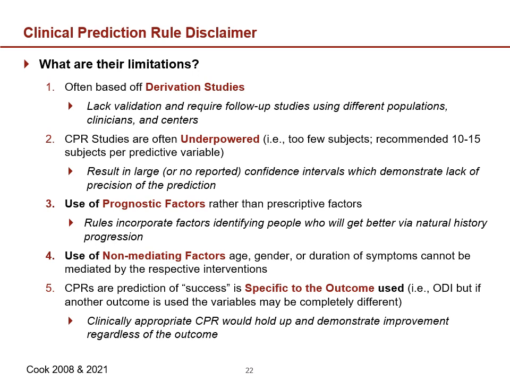But unfortunately, what has been shown is that in the same population, if you use either a different cut point on a given tool, such as the ODI, or if you use a completely separate outcome measure that still measures the same construct of low back disability, there are different variables that are identified, which again just speaks to some of the fragility of the CPRs.